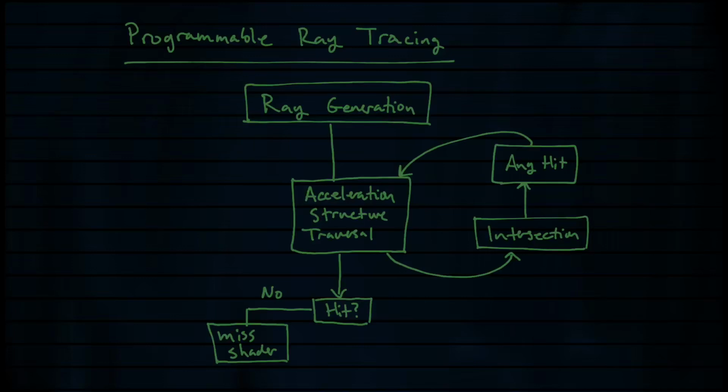But if we did get a hit, then perhaps what we want to do is call a closest hit shader. And these shaders are probably going to be the most expensive because we're calculating BRDFs, so complex lighting calculations.